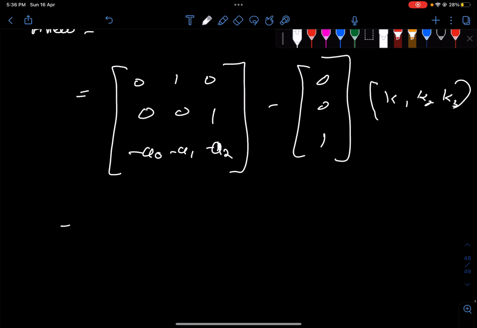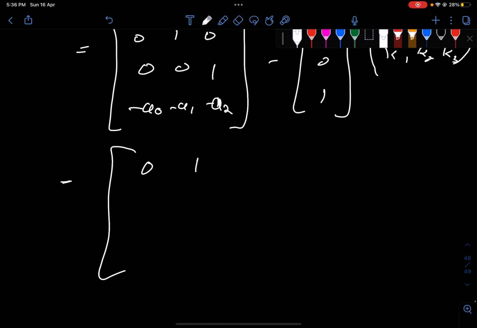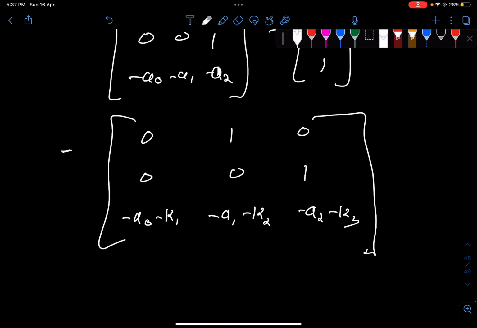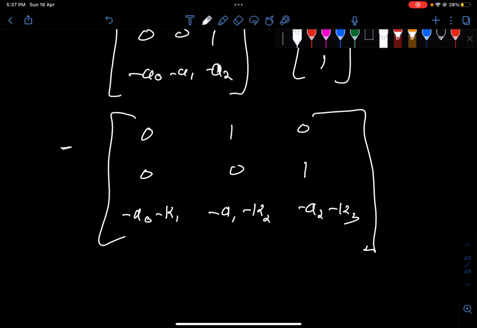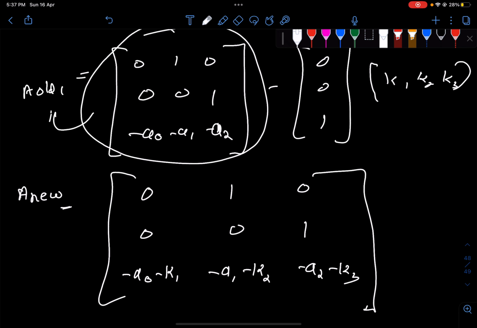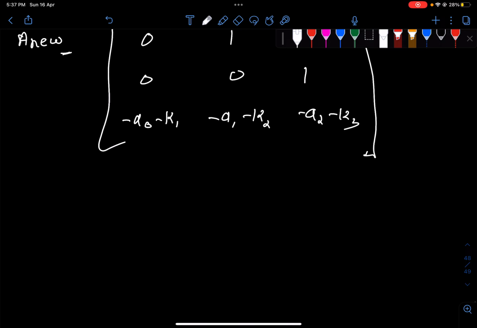You cross multiply these, and it will look like [0, 1, 0; 0, 0, 1; minus A0 minus K1, minus A1 minus K2, minus A2 minus K3]. This is our change. So A new will be like this, and A old will be this one, right? A new and A old you get.